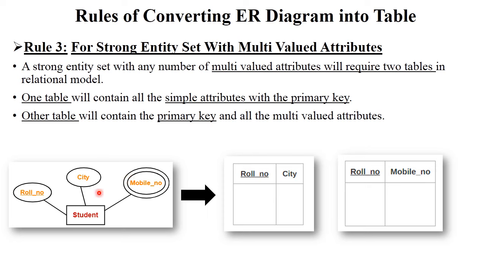So you can convert this ER diagram into tables when multi-valued attributes are present. What you have to remember is that multi-valued attributes require 2 tables: the first with the primary key and other attributes like city, and the second with the primary key and the multi-valued attribute, mobile number. Next.